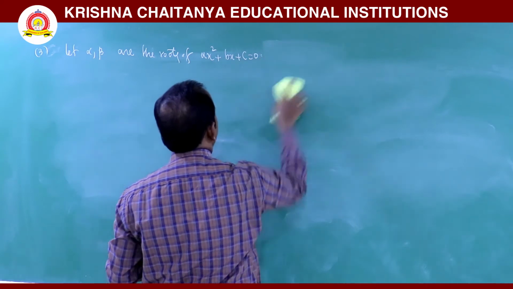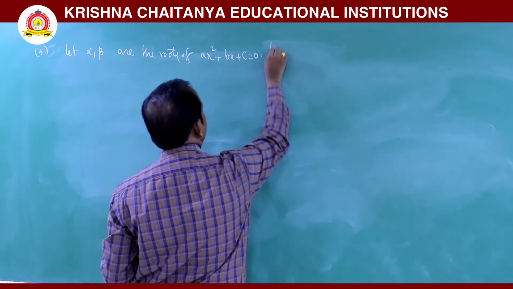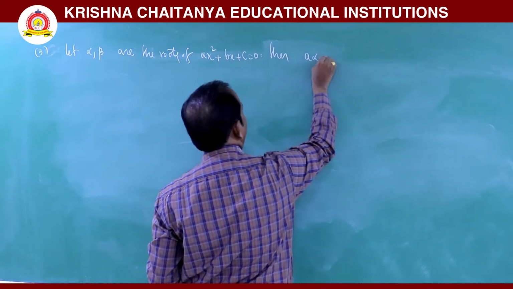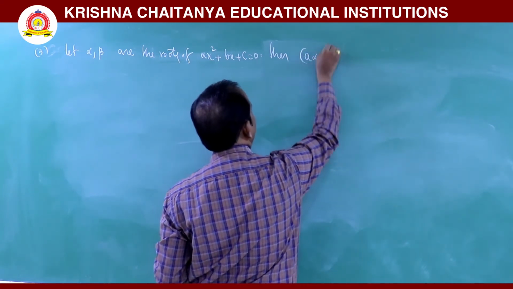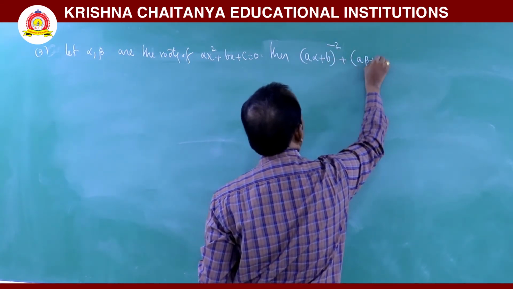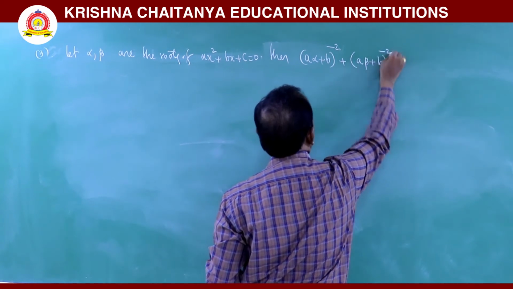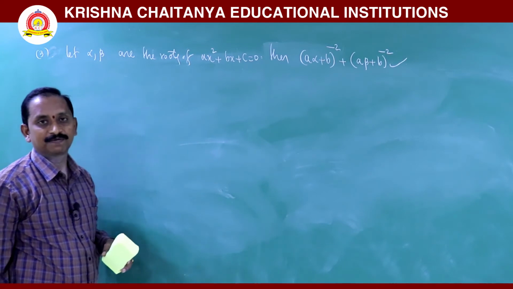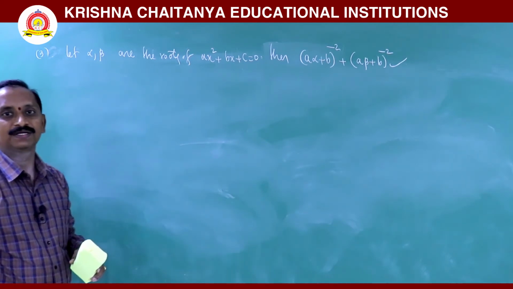This is a quadratic equation. Then what we need? We need the value of (a alpha plus b) whole power minus 2 plus (a beta plus b) whole to the power of minus 2, when alpha and beta are the roots of the quadratic equation.